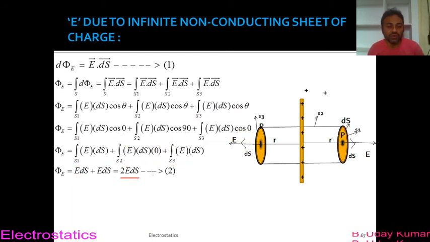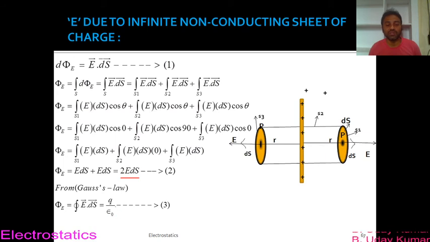So this is the total electric flux coming out of this Gaussian cylinder that we have constructed here. But from Gauss law the total electric flux is nothing but 1 by epsilon 0 times the charge enclosed by it, which is Q. The charge enclosed by this Gaussian cylinder is taken as Q, so Gauss law can be written like this.